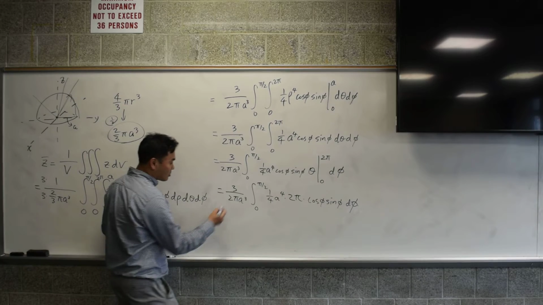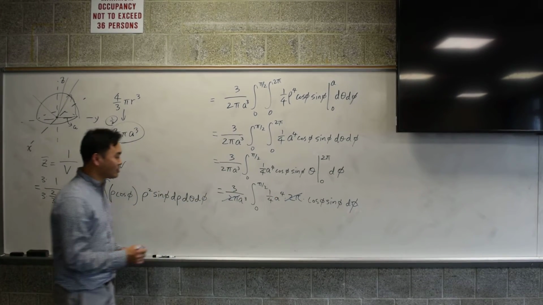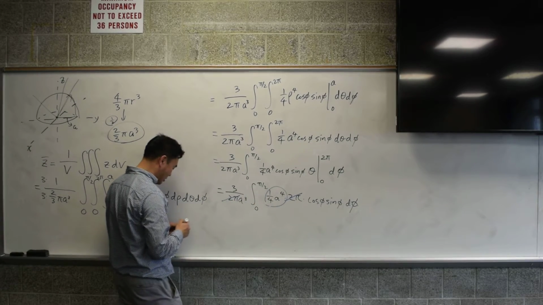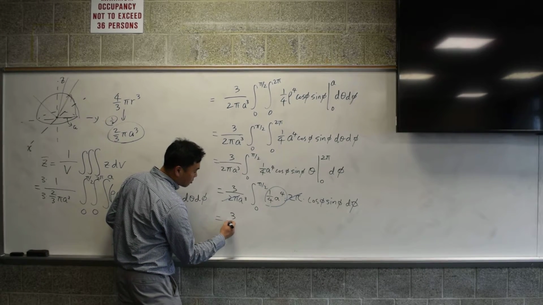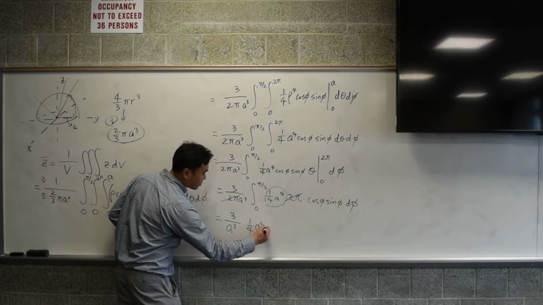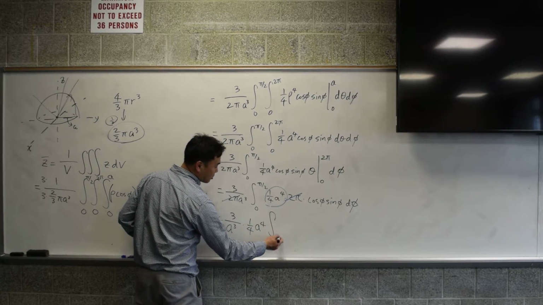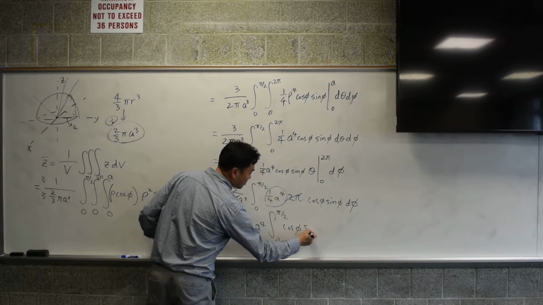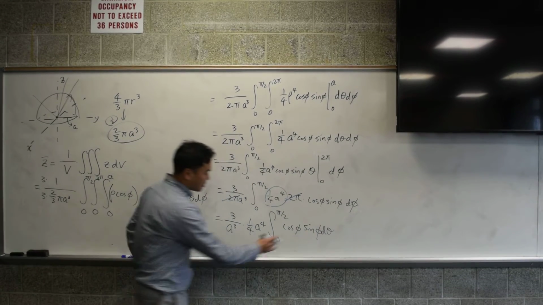I see that there's a 2 pi and 2 pi which cancels. That's nice. And also this is a constant, so let's bring them outside. So I get equals to 3 over a cubed times 1/4 a to the 4th. Oh, this can be reduced too. Okay? And then I have to integrate from 0 to pi over 2 of cosine phi times sine phi d theta. Not d theta, sorry, d phi.